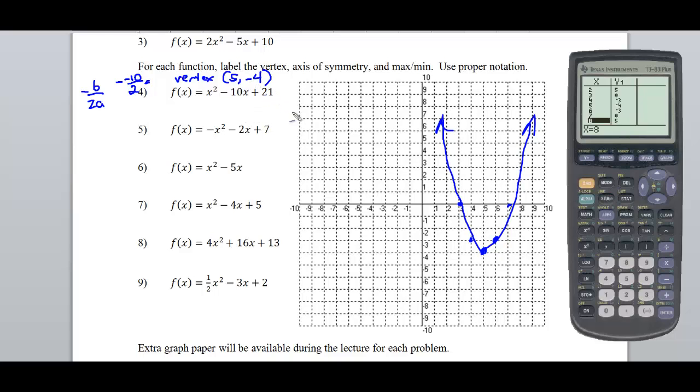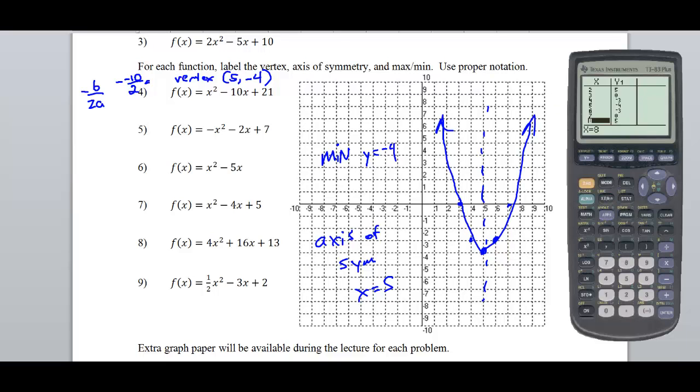We can also say that my axis of symmetry, going all the way down here, is x equals 5, and it crossed at that x-intercept there. And then you could say this is going to be a minimum, and the minimum is where y is equal to negative 4, because that's the lowest part of the line right there.